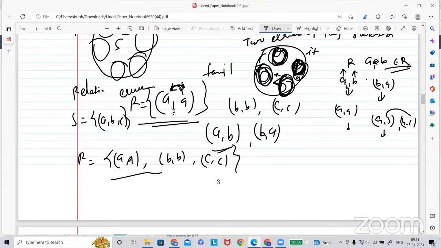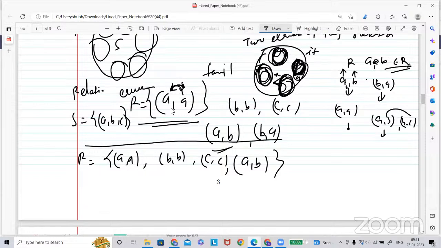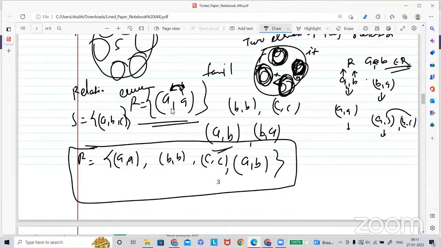But suppose it is given like this, AB. Now think about it, this is an example. Sir, this is not reflexive, right? Can it take extra elements also? If at all we go ahead with this definition, then we have to blindly accept that every reflexive has to be symmetric.